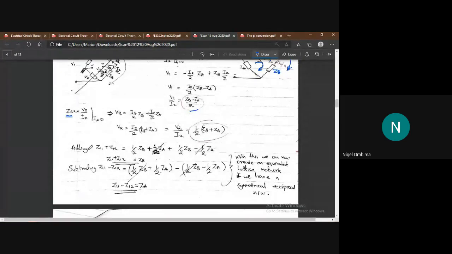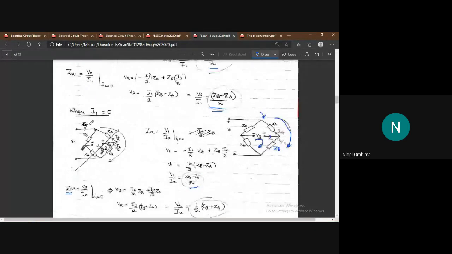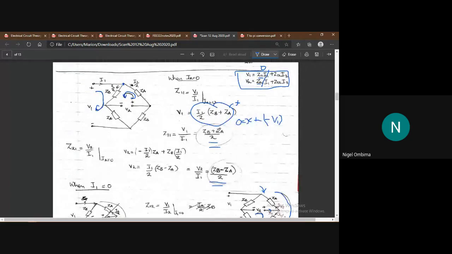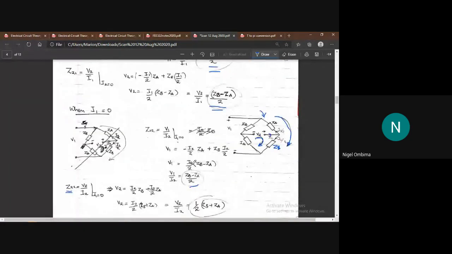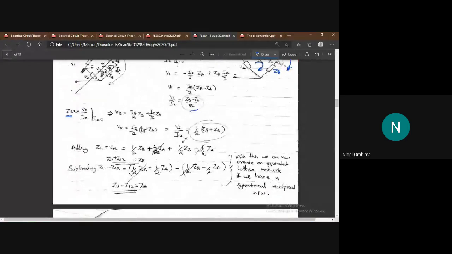So to disentangle them from there, we add Z11 plus Z12. Z11 is a half ZB plus ZA, plus Z12, half ZB minus ZA. So this half ZA goes with the other half ZA, so we remain with half ZB plus half ZB, whereby Z11 plus Z12 is equal to ZB.